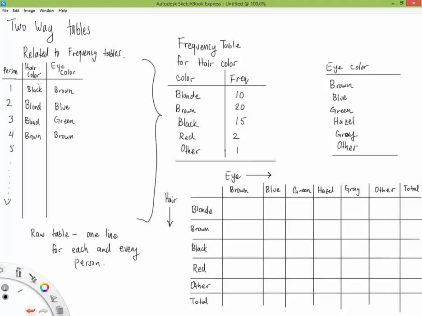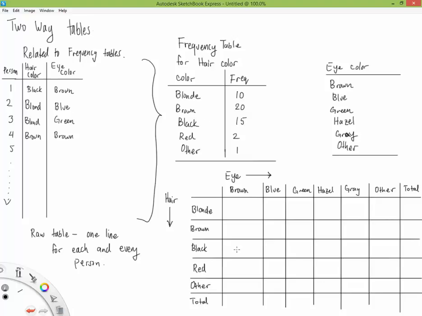So what this does is, we're not going to go through it all, but you'd say, here is one person with black hair and brown eyes. So they would count in this box right here. Then you'd count how many people have black hair and brown eyes. I've only listed 4 people, but in my frequency table, I said there's a total of 15 people with black hair.